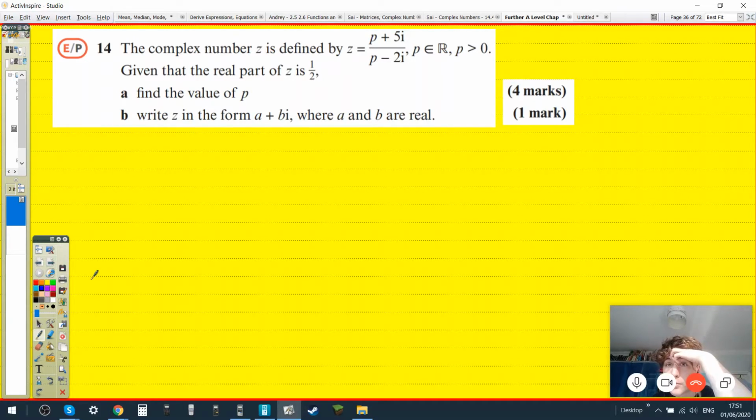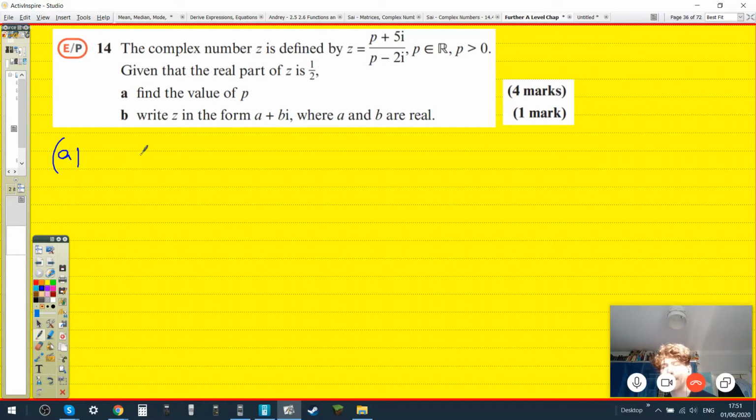Given that the real part of z is a half, real part. I'm not too sure. So do we just put half equals p plus 5i over p minus 2i?